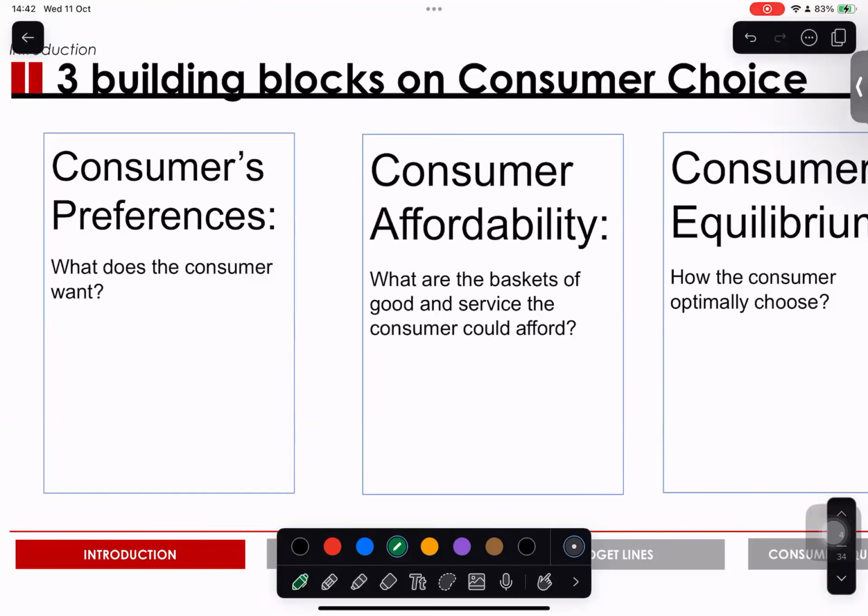I'm going to bring you to the three rooms in the museum: 1, 2, and 3. The first room is about this question: what does a consumer want? Preference, about preference, รสนิยม, preference.